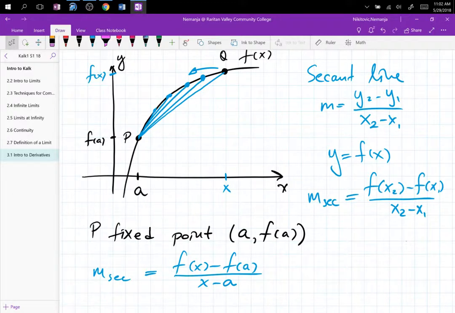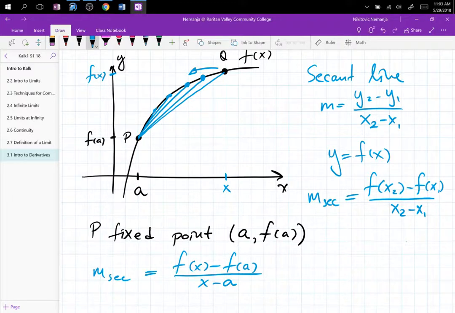Because as soon as point Q and point P fuse into a single point, their x values become the same. And their difference is? What's the difference of x coordinates in that case? 0. And can you divide by 0? No, you can't. So algebra will fail in computing the slope of the line.